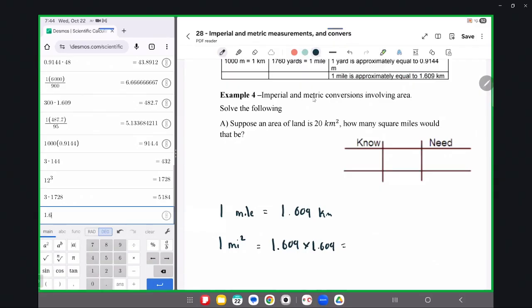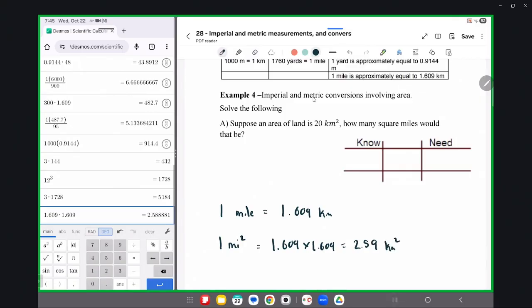So on my calculator here, if I take 1.609 and multiply by 1.609, I get 2.588, which rounds to about 2.59 square kilometers.